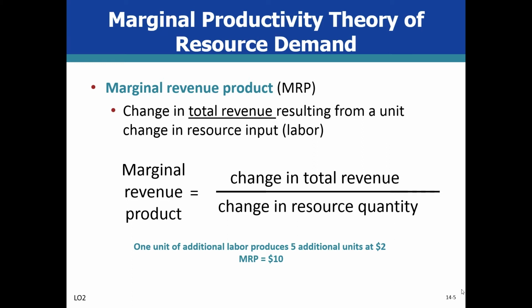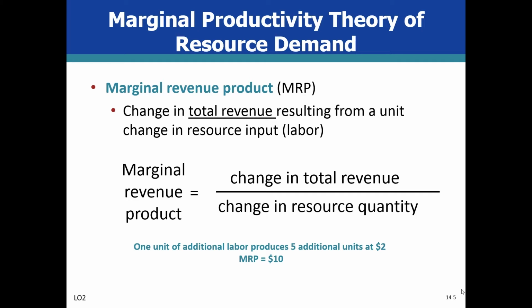In this example, it's the marginal revenue change the firm gets in the market resulting from a unit change in labor. If one additional worker can produce 5 units at a market price of $2, then the MRP is $10.